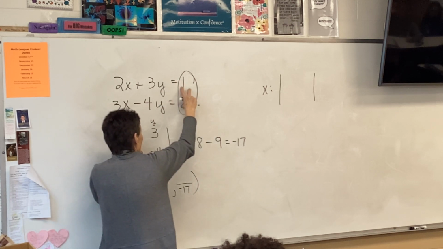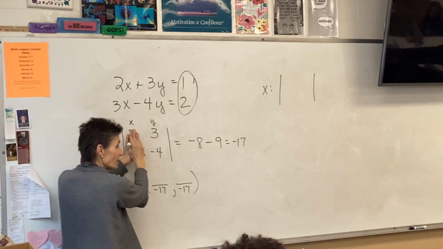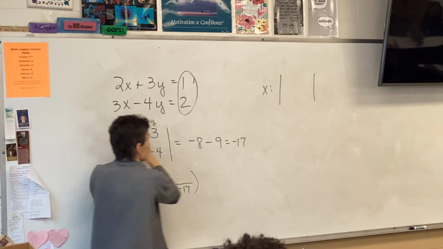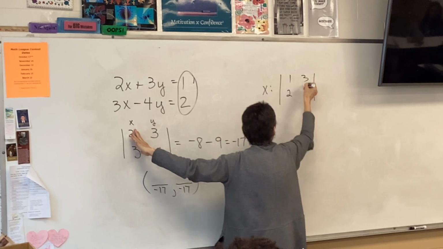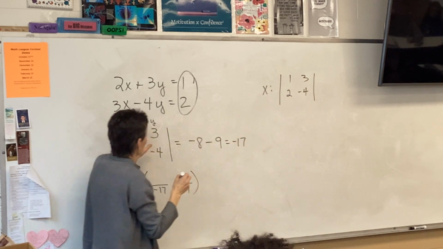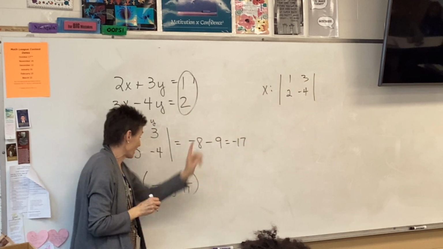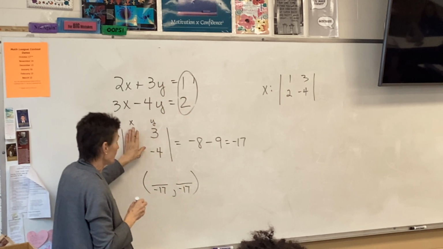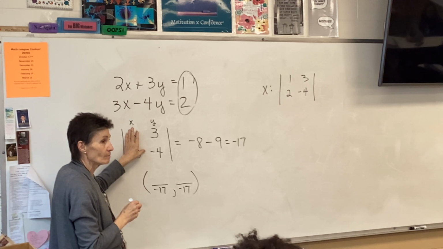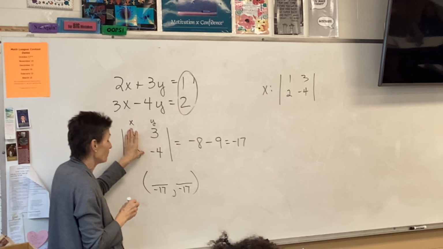So take the 1 and the 2 and put them right here in the x spot. So you're gonna have 1, 2, and then you still have your 3, -4. So if you're solving for x, these numbers replace the x's. The equals numbers replace the x's.